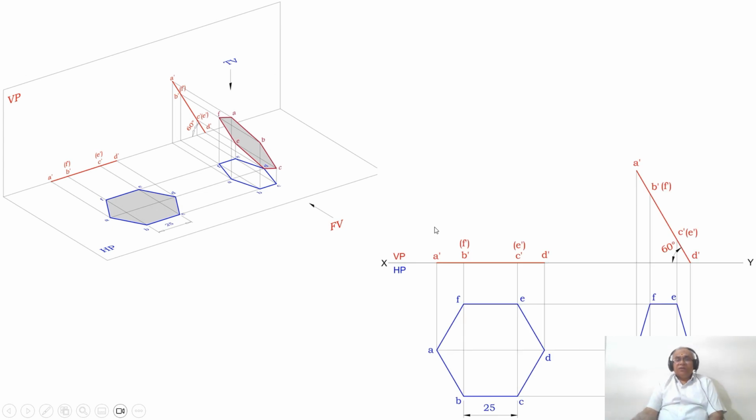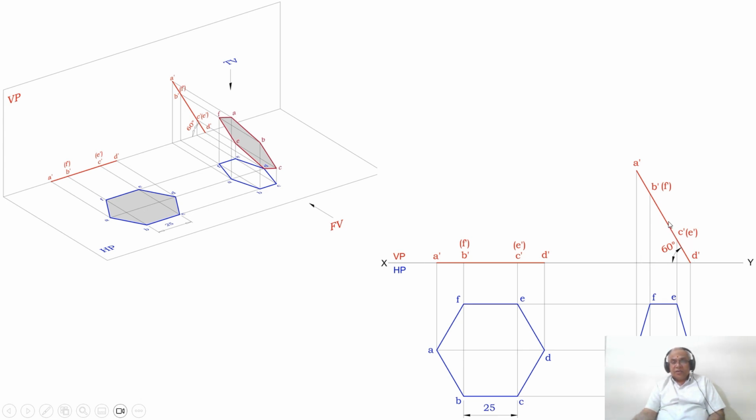Now how to continue with this in the sketchbook. You extend this XY line and you take any convenient distance between D dash and this small D dash. You mark a point on the XY line at any convenient distance and you mark that point as D dash in the front view. Using the protractor with reference to the XY line with D dash as center, measure in the clockwise direction.